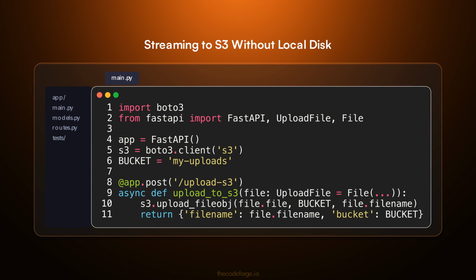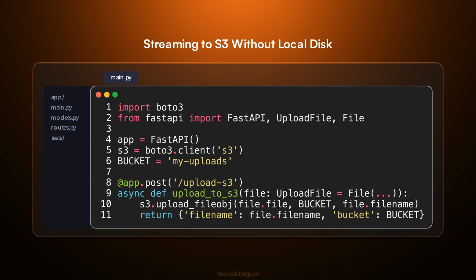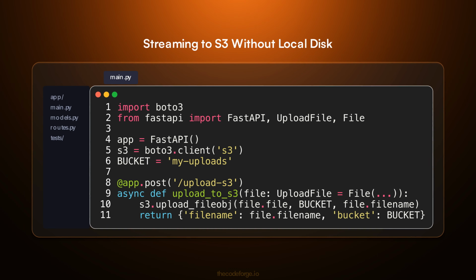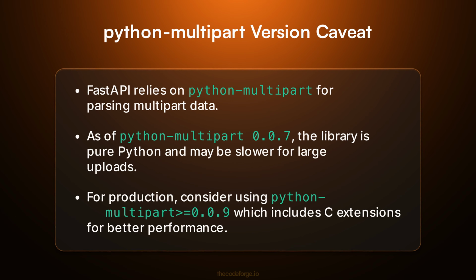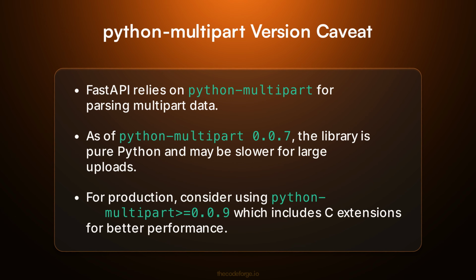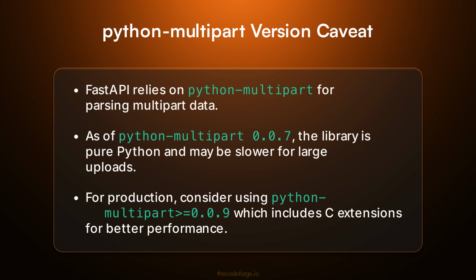For production, avoid writing to local disk by streaming directly to cloud storage. This example shows how to upload a file to Simple Storage Service using Boto3 and UploadFile without saving to a temporary file. FastAPI relies on python-multipart for parsing multipart data. As of python-multipart 0.0.7, the library is pure Python and may be slower for large uploads.